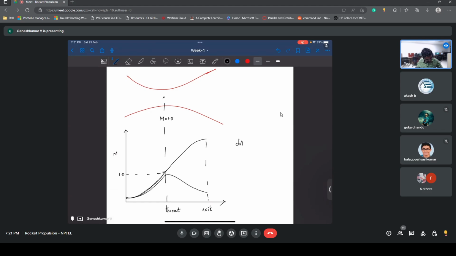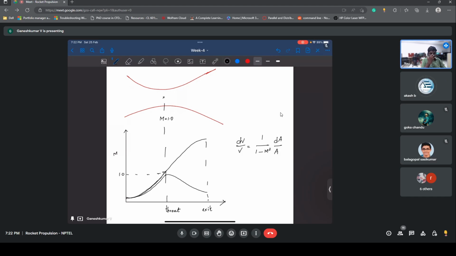It's like dA by A is equal to, I believe, 1 minus M square times dV by V. Note that it's dV by V equals minus dA by A into 1 by 1 minus M square. All right, so this is the relation we derived, right?